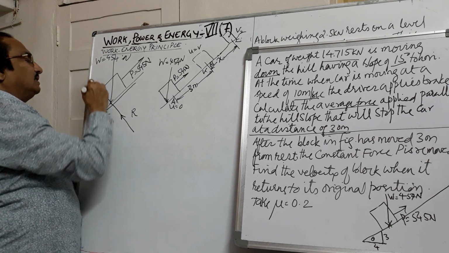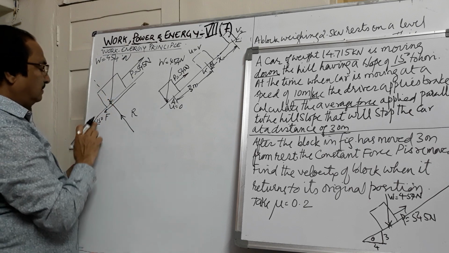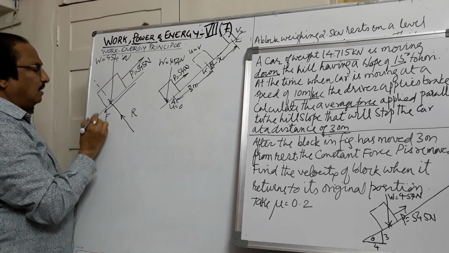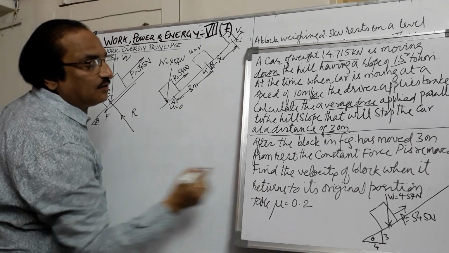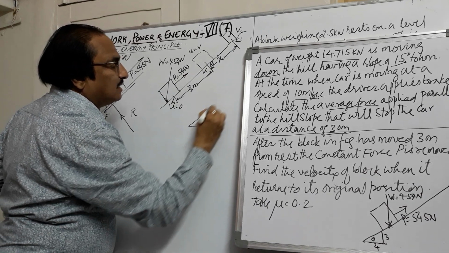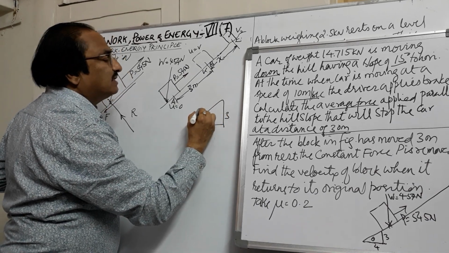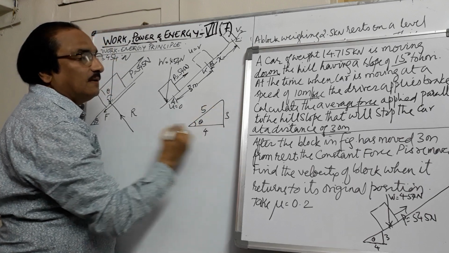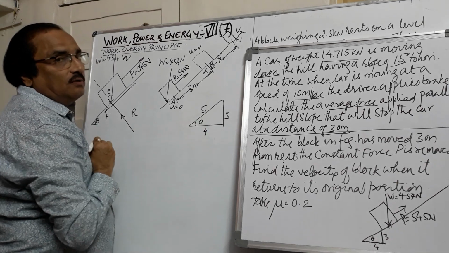Now this angle theta will remain the same as theta here. In this figure, with sides 3, 4 and angle theta, the hypotenuse will be 5 from the Pythagoras theorem, since the square root of 4 squared plus 3 squared gives 5.